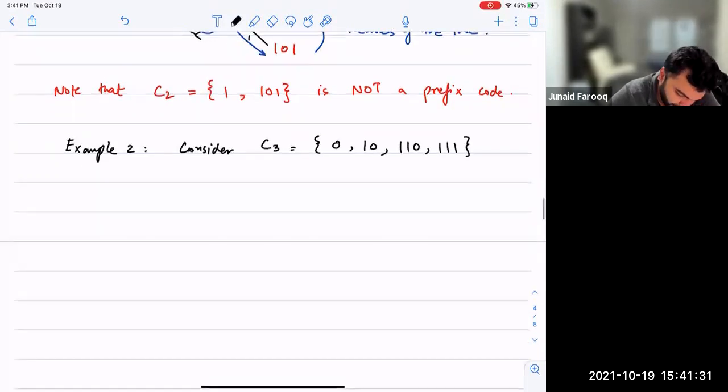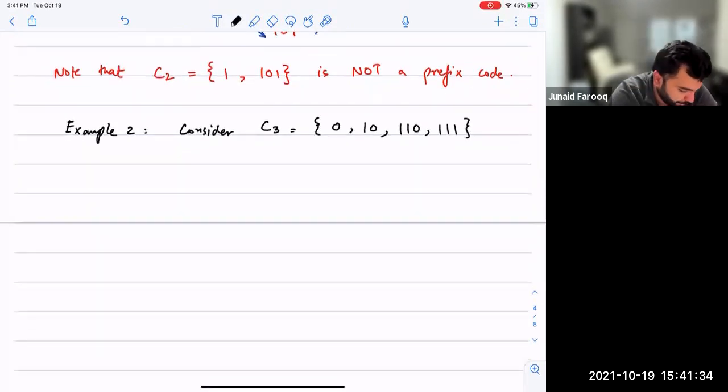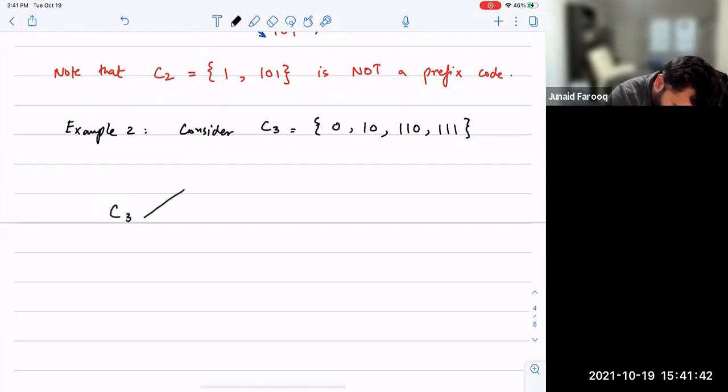So let's try to make a tree and see whether it is a prefix code or not. So the tree will look like the following. So C3, we have 2 branches. One is 0, the other is 1. And then next time we have another 2 branches.